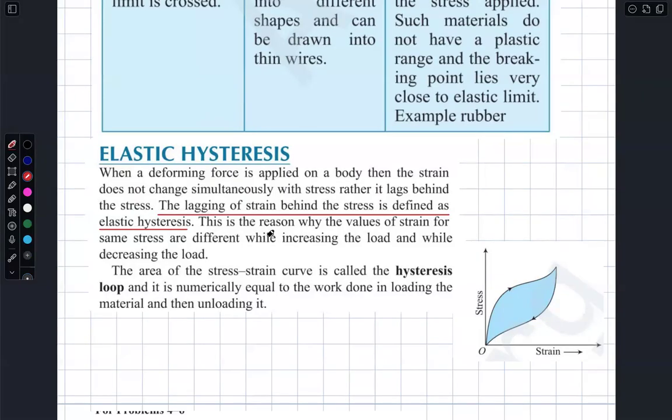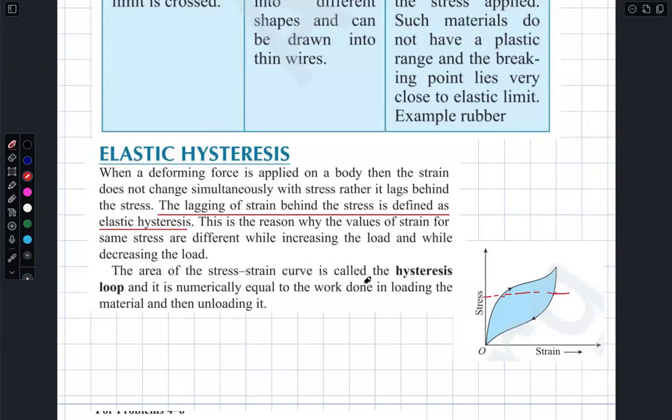That is the reason why the values of strain for the same stress are different while increasing the load and while decreasing the load. Say, for example, when I put 200 grams, the strain while loading and the strain while unloading are different. It takes some time to settle down actually.